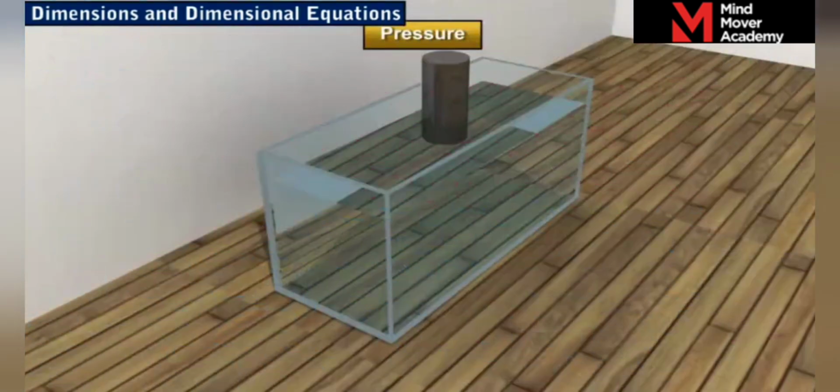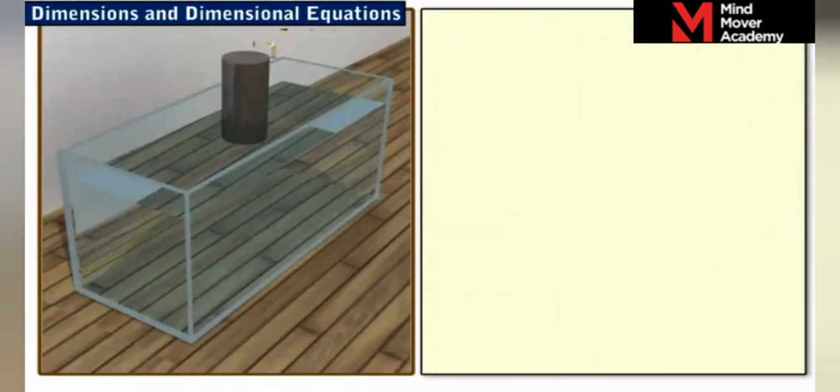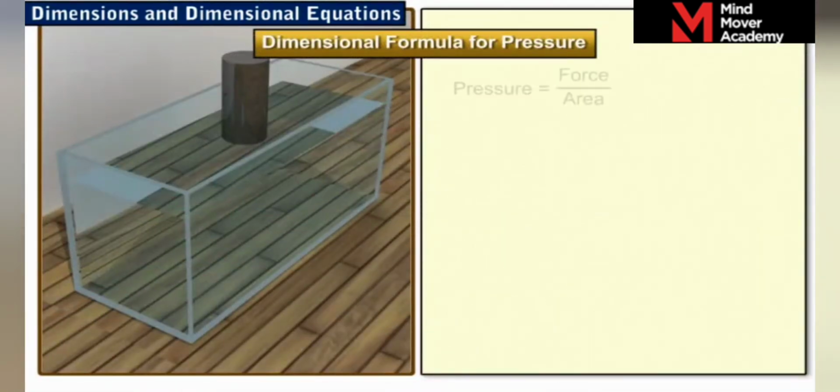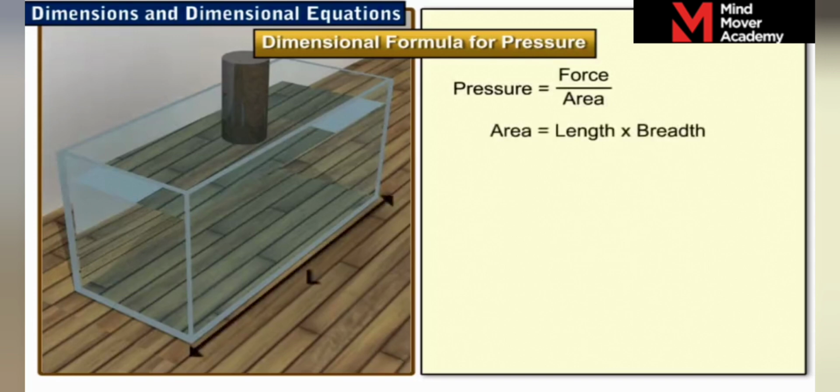Let us look at another example. Let us find the dimensional formula for pressure, which is equal to force per unit area. Area is the product of length and breadth. Length and breadth represent the base quantity length.